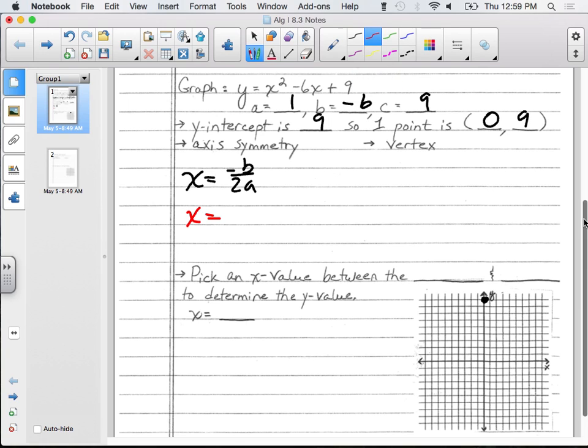Negative 6 goes upstairs, 2 times 1 goes downstairs. All right, then, after we finish doing all our math, what should we be left with, Ricky? 3. So 6 over 2, because we simplify it out, so this goes to x equals 3.